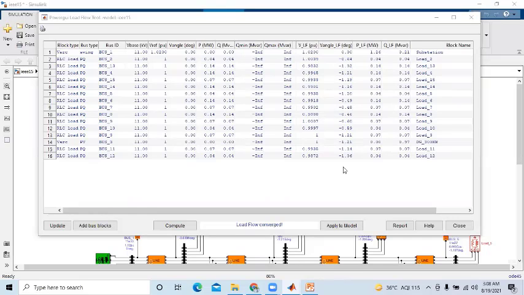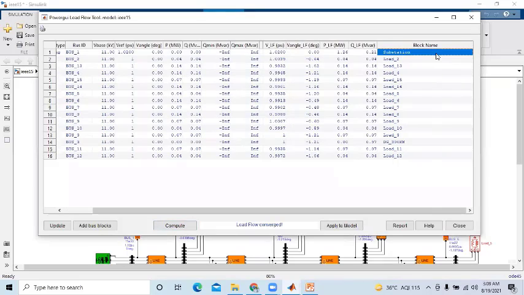So in this you can see what the various types of loads connected are, and here you can see that these are the block names.